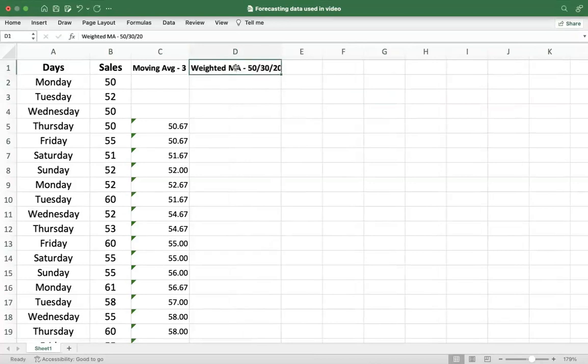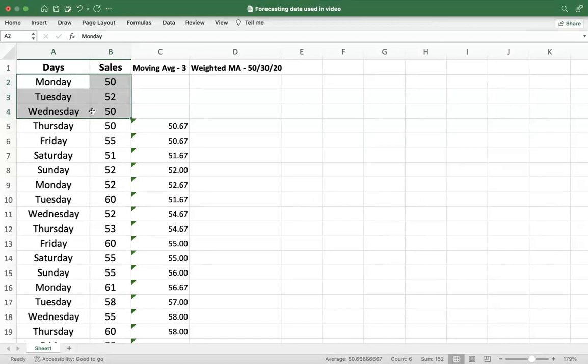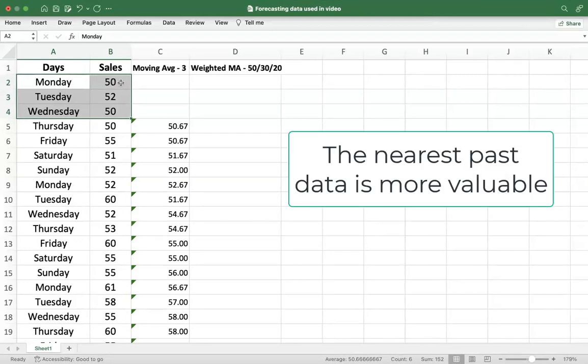The idea of weighted moving average is we have these three, and I want to calculate a forecast for Thursday. On Thursday, the sales value for Wednesday is more important because that represents the recent data. And the value for Monday is less important because it is a 2 or 3 day old situation. I mean, consider the situation.